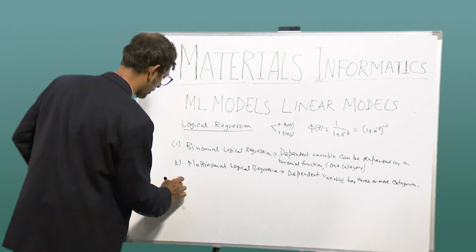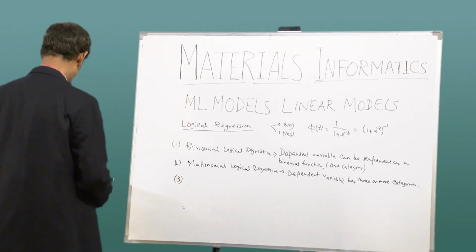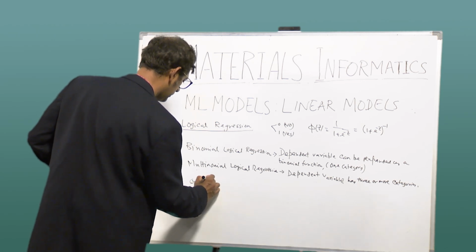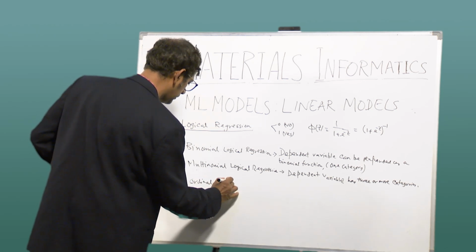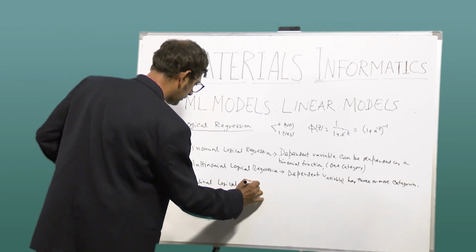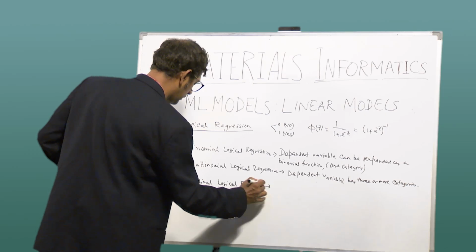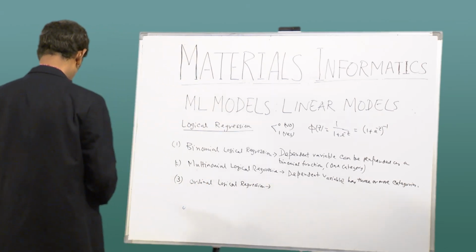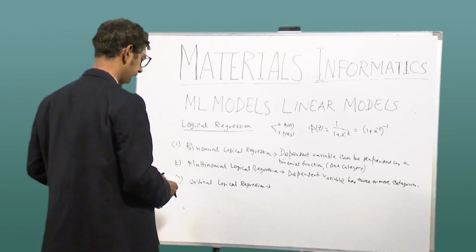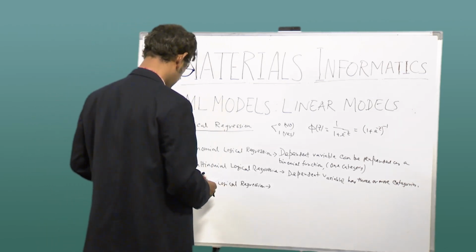Third one is ordinal logistic regression. What is that? This is used when the dependent variable has 3 or more categories with a natural order or ranking.